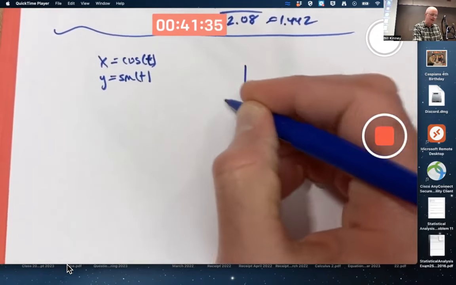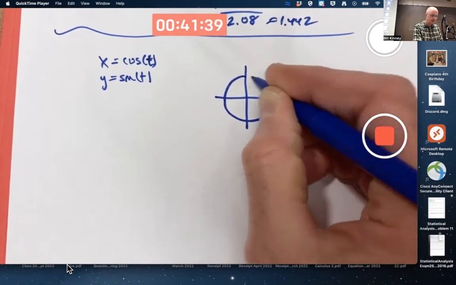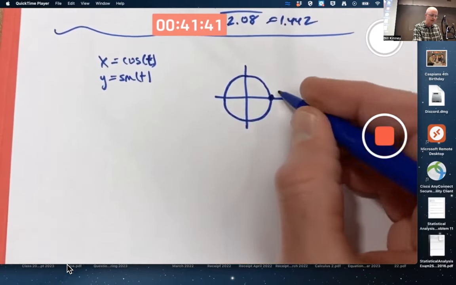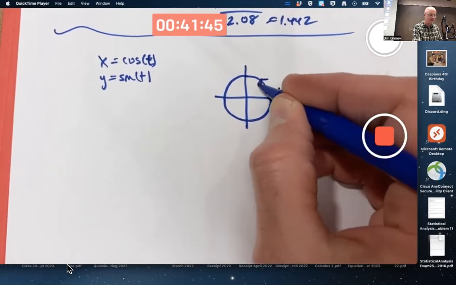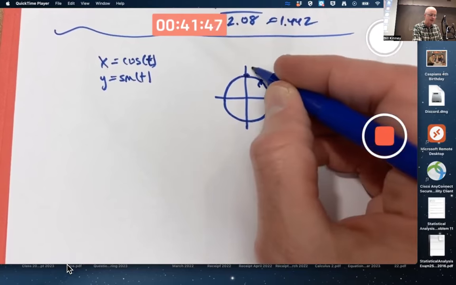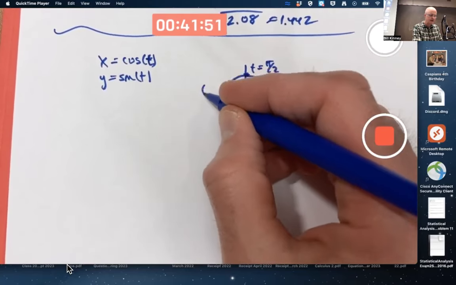If you trace out this, it'll be the unit circle starting at the point 1, 0 when t is 0, going counterclockwise at a constant speed. It'll be at the topmost point when t is pi over 2, the leftmost point when t is pi.